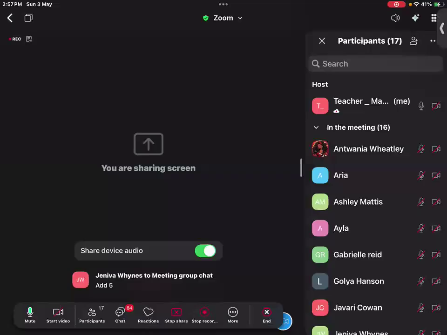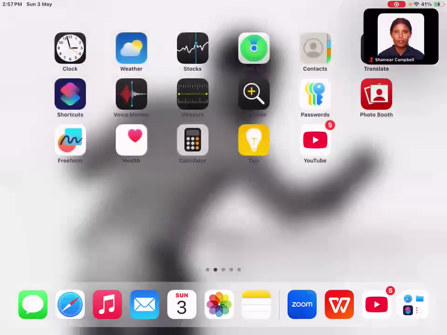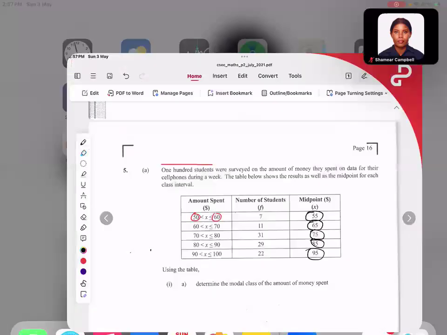Add 5? Kind of. But we would need an actual formula. So adding 5, but not all the time. There's something that we can do that will always get us the midpoint.